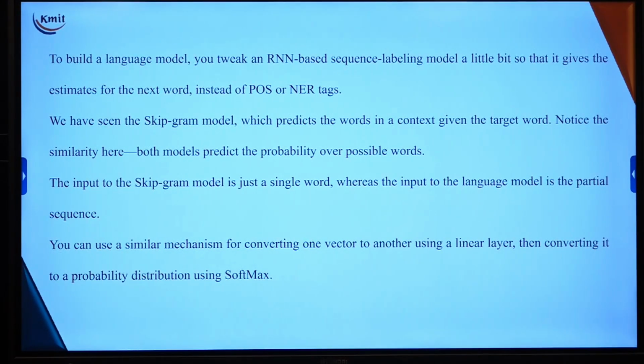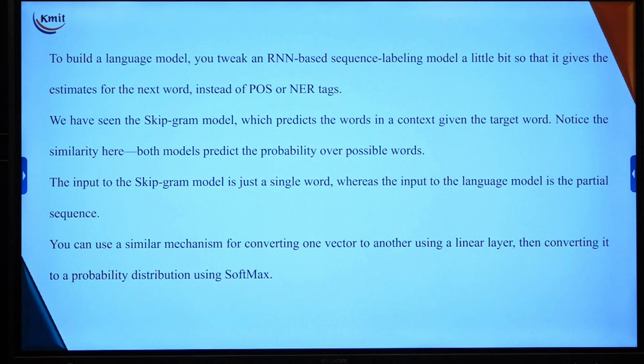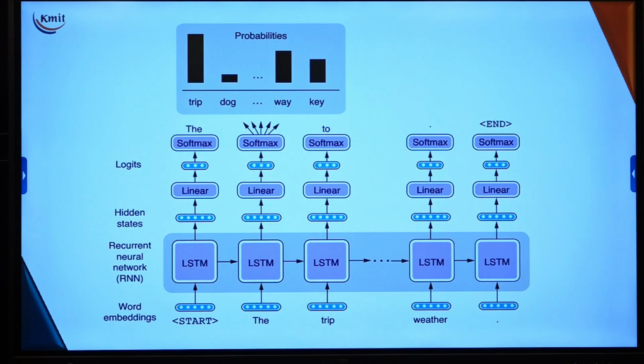The difference is that in the skipgram model the input is just a single word, whereas in a language model the input is a partial sequence. We can use a similar mechanism to what we used for the skipgram model to convert one vector into another through a linear layer, and then convert that into a probability distribution using softmax.